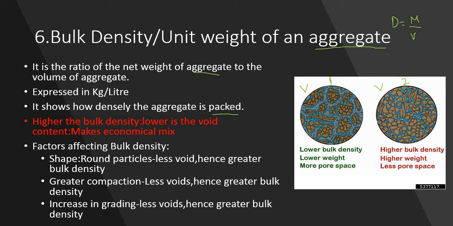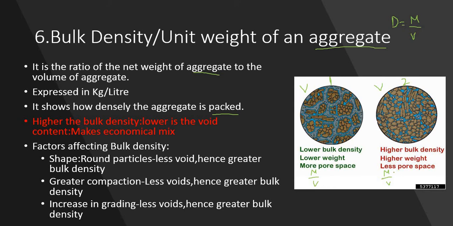If we calculate the bulk density of these two, tell me whose bulk density will come more and whose will come less. How can we know that? Bulk density is mass upon volume. If you compare these two diagrams, first, the volume is the same, but whose mass will be more, number one or the second one?